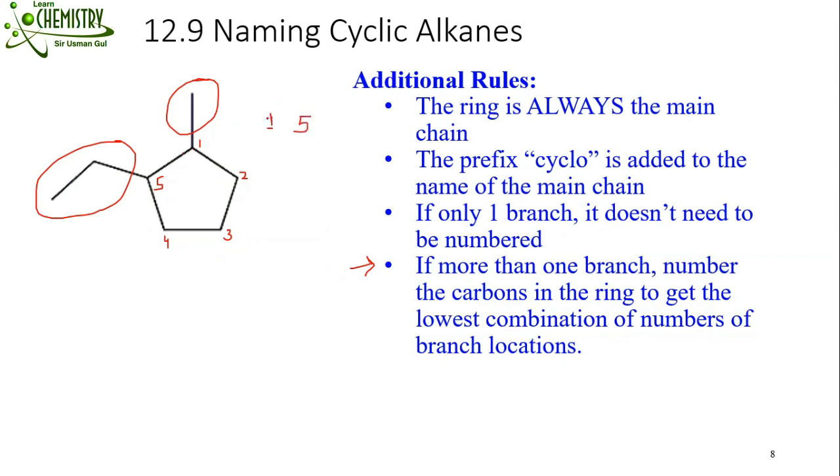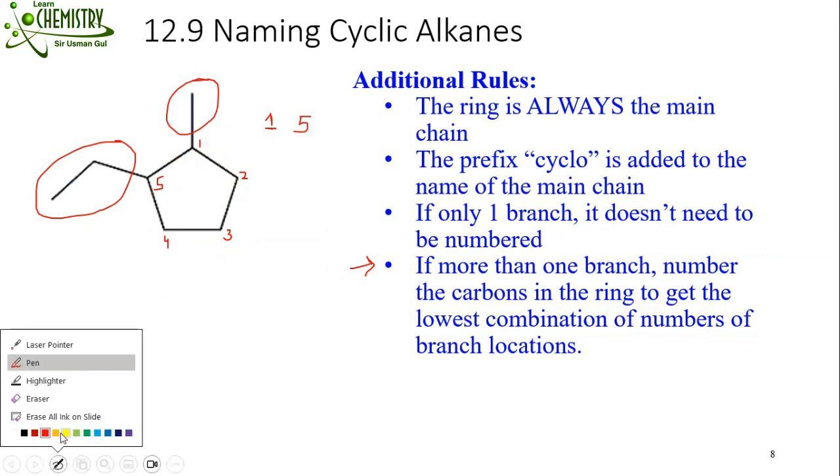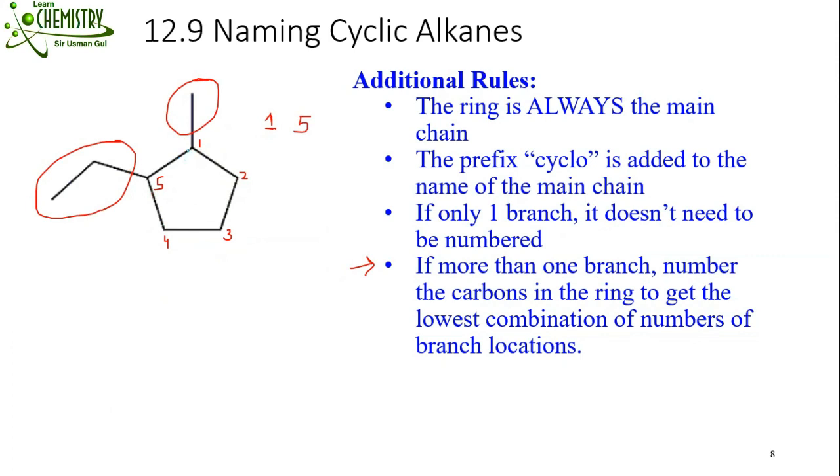You can clearly see, on carbon number 1 I have this branch, and on carbon number 5 I have that branch. But suppose I start the numbering counterclockwise. This will be carbon number 1, this will be carbon number 2, this will be carbon number 3, this will be carbon number 4, this will be carbon number 5.